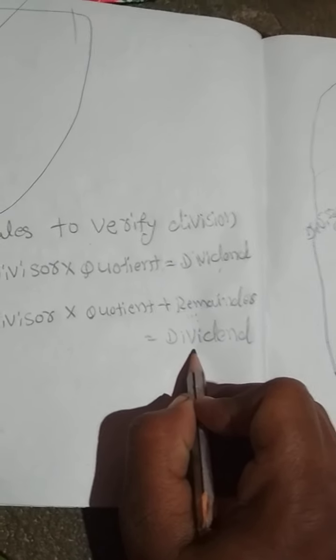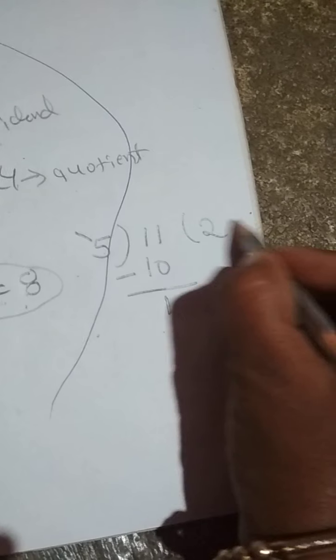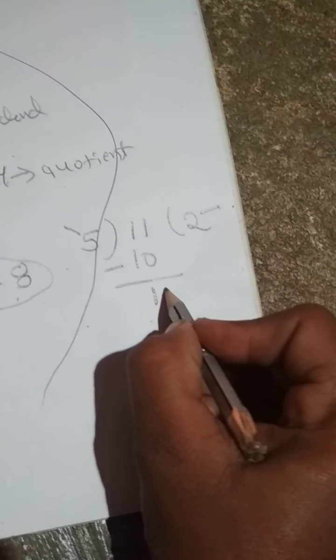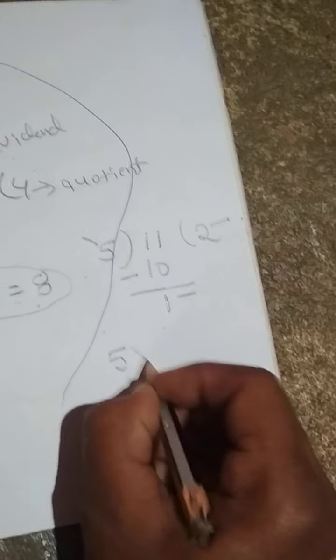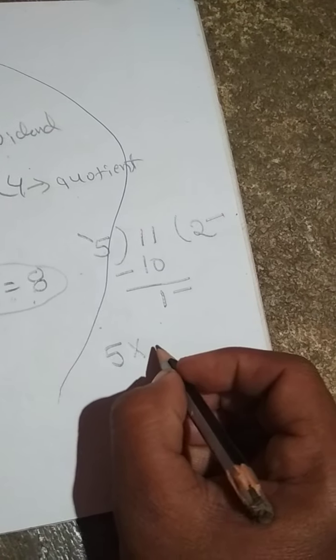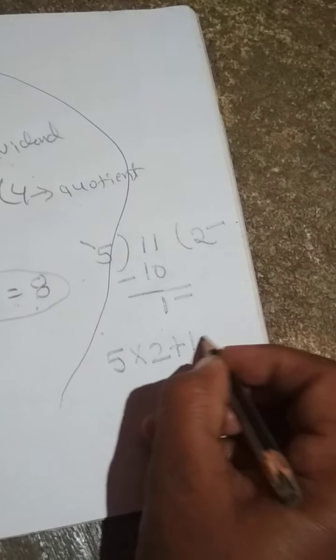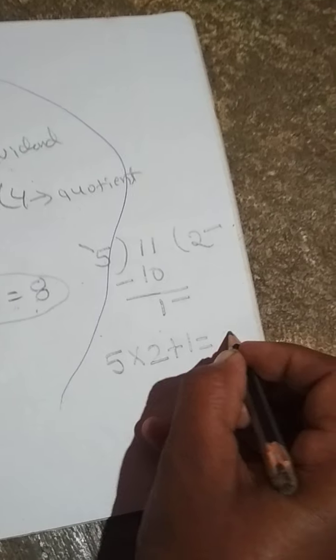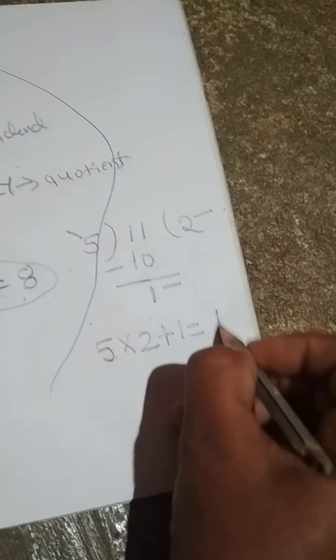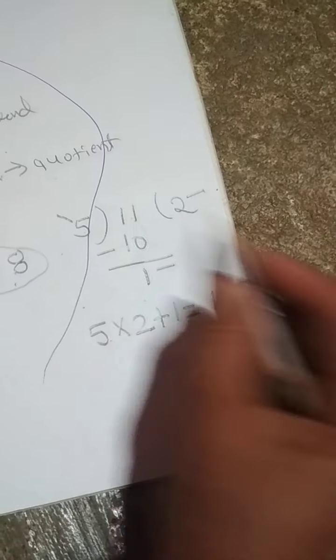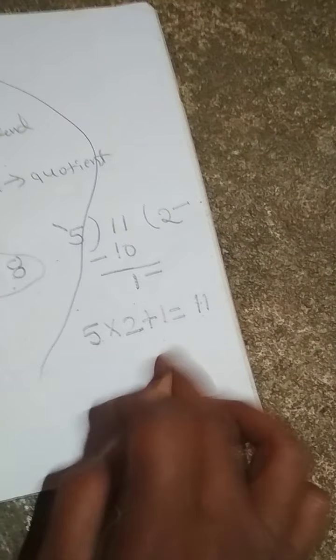Okay students, which one is the divisor here? This one is the divisor, this one is the quotient, this one is the remainder. Divisor into quotient, quotient is 2, plus remainder equal to what? Dividend. 5 times 2 is 10, 10 plus 1 is 11, this one is the dividend. Here you verify your answer.